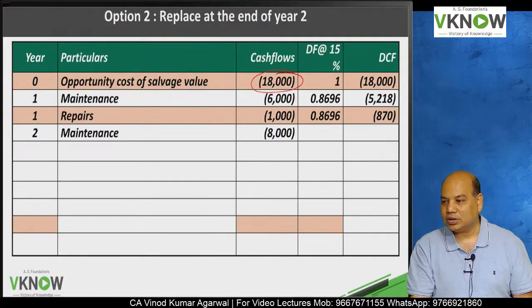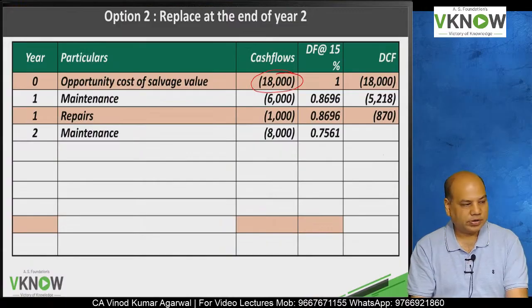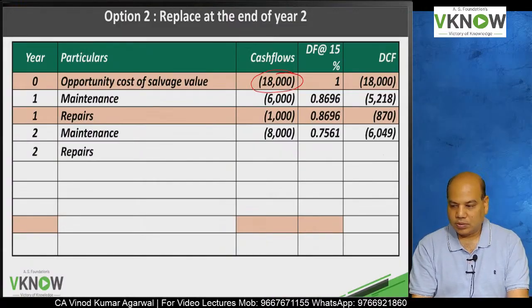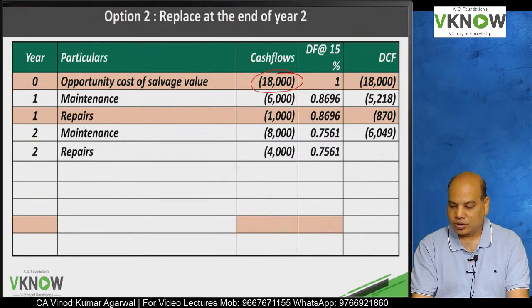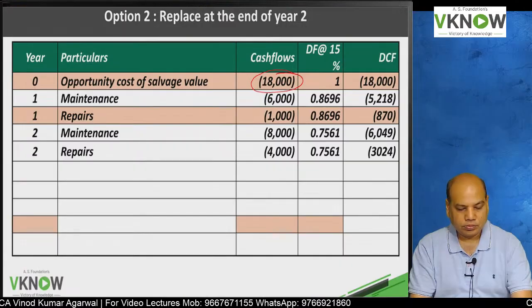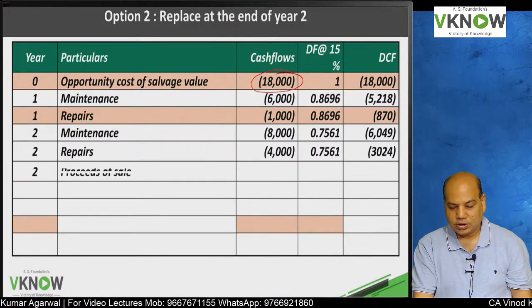Now write down maintenance 8,000, present value 6049. Repairs 4,000, present value 3024.